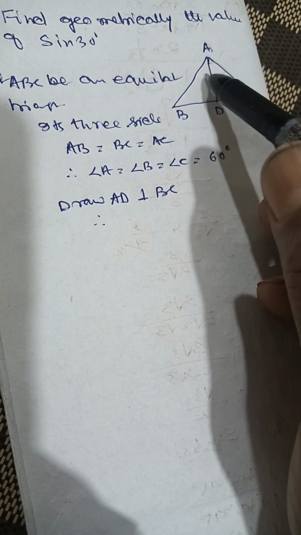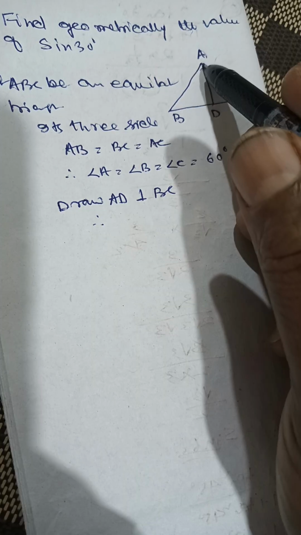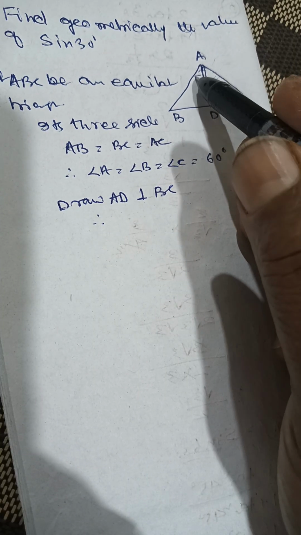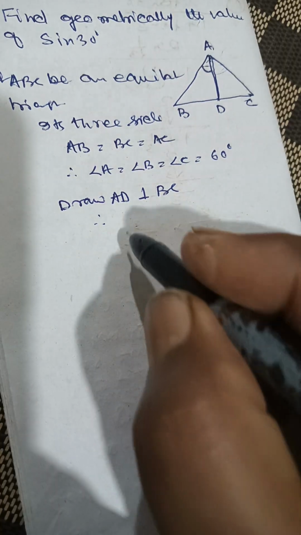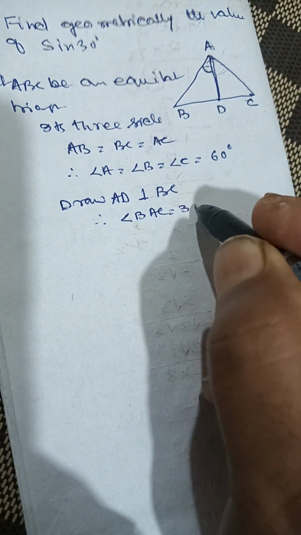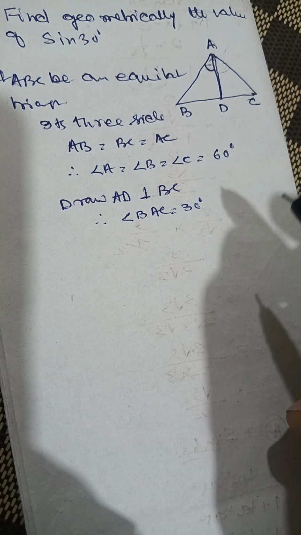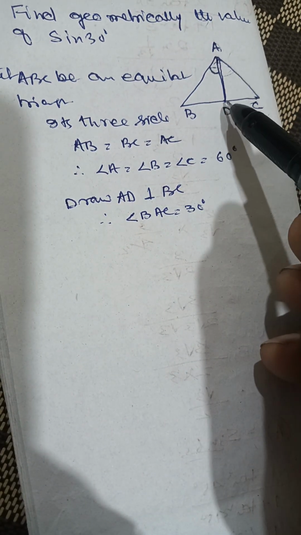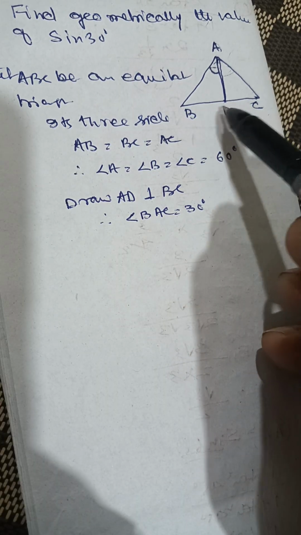When I have drawn one perpendicular, this angle is bisected and this becomes 30 degree. So therefore you write angle BAC is equal to 30 degree. On an equilateral triangle, if we draw a perpendicular, the base is divided into two equal parts. That is BD and DC are equal.